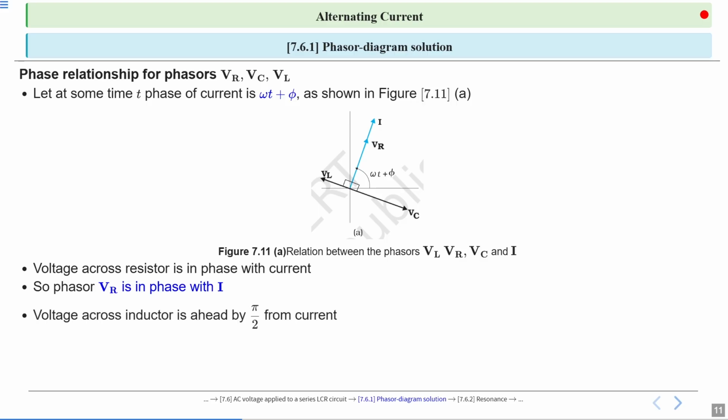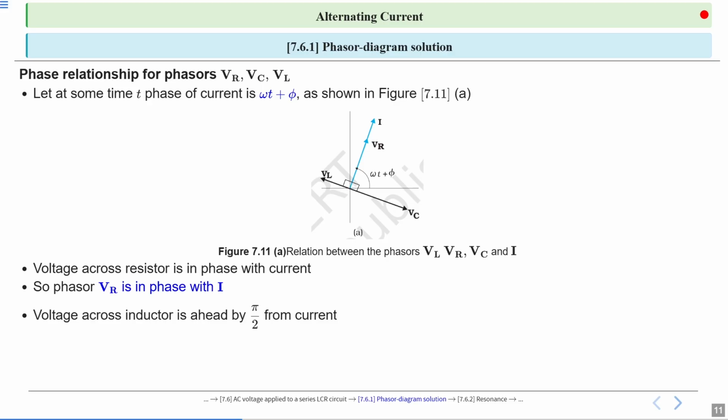So the voltage across the inductor is ahead of the current by pi by 2. Now in the case of the inductor, we have discussed that voltage leads current by pi by 2 phase difference. So the voltage across the inductor is ahead of the current by pi by 2, as shown in the figure.